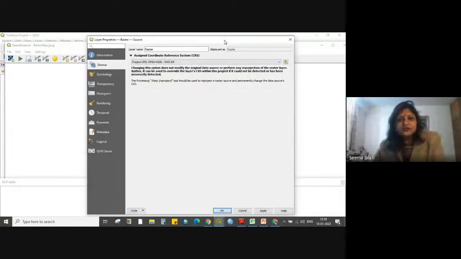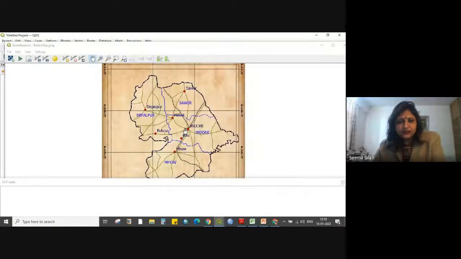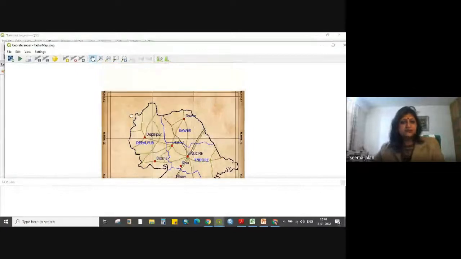So I go to layer properties and apply and OK. What I have done, I have told my GIS that whatever map coordinates for the GCPs I will be entering, you must understand that they have been measured in geographical coordinate system on WGS 84 datum.